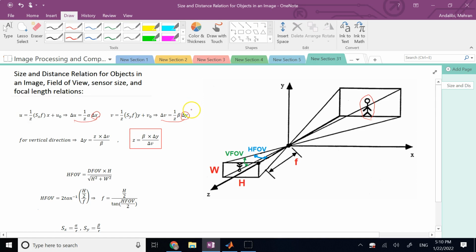So if I know the size of my object, let's say I know this delta y, I know how big the object is, then at what range can I still see the object? Well, it depends on your threshold for seeing the object, but let's say that's the smallest you can go. How far can you go and still say I can see the object?